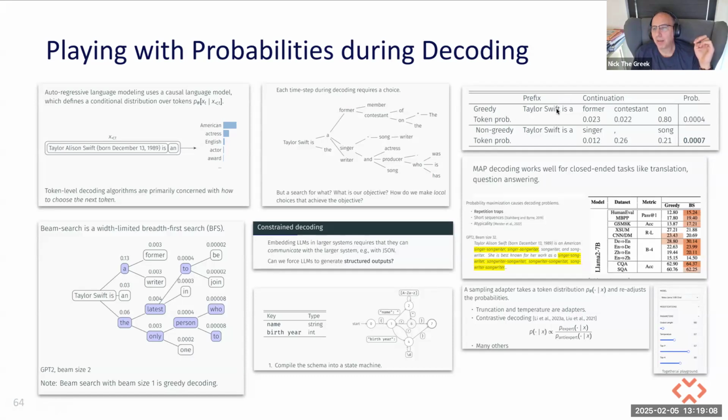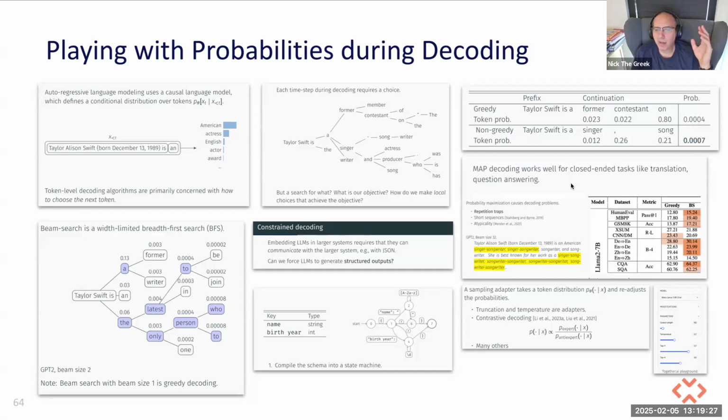So, for example, the greedy solution says Taylor Swift is a former contestant on, and that has probability 0.0004. If you do a non-greedy search, it says Taylor Swift is a singer, comma, song, and that has a higher probability, but it's incoherent.